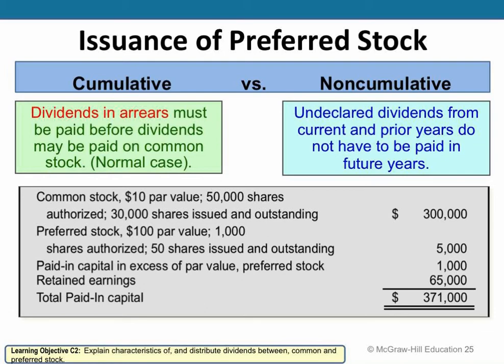Undeclared dividends from current and prior years do not have to be paid in future years, so we can always suspend the dividend. But if we do have those dividends in arrears, we cannot pay the common stockholders ahead, because those preferred shareholders have priority and have stepped in front of them in line for the dividend.